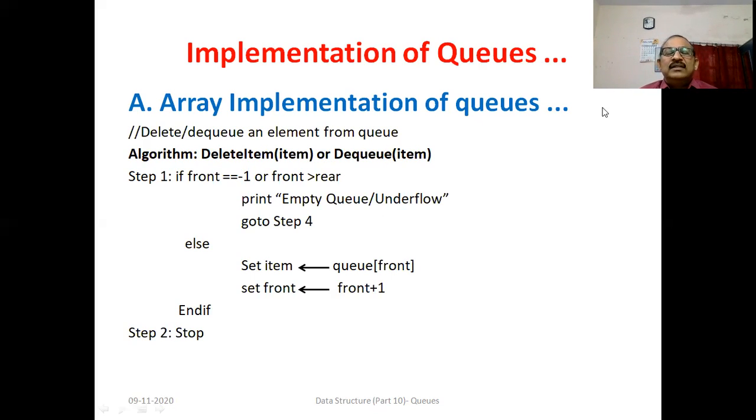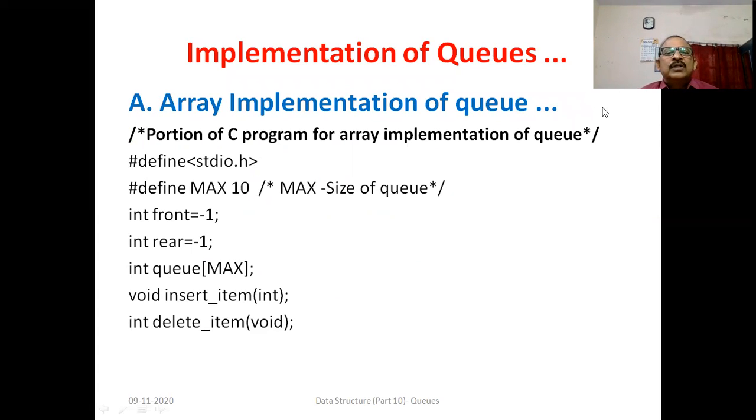In this case we write a message, empty queue, and go to step 4. Else we access the item pointed to by the front pointer. Set item equal to queue[front], and next we simply increment front by 1. Okay, next step, stop.